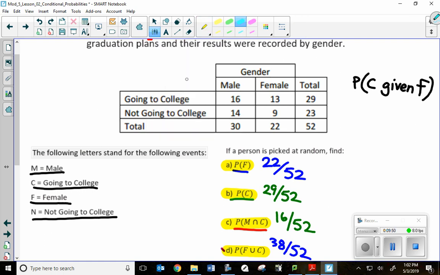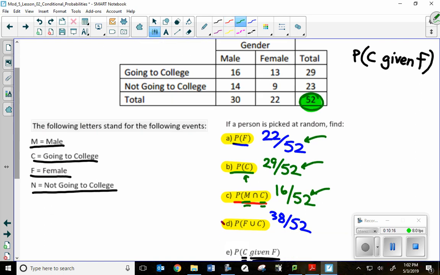Whatever we are given, typically, listen green, this is out of 52 people. Anything we do is out of 52. Notice our previous responses to our probabilities for A through D. Female, out of 52. College, out of 52. Male and going to college, well, it's 16 out of 52 because there's 52.